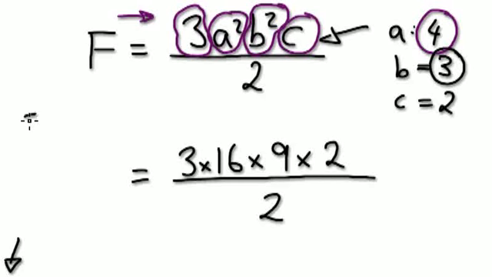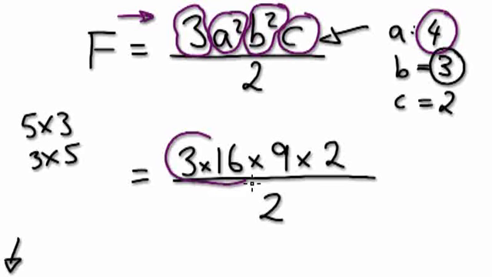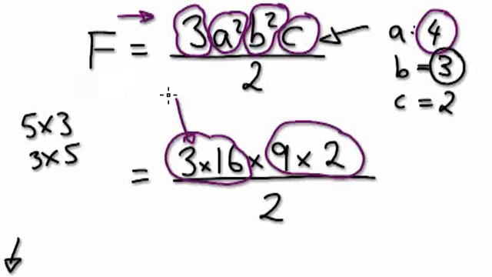Okay, basically, 5 times 3 is the same as 3 times 5. But basically, I'm allowed to merge these in any order I want, because they're all multiplying each other. So I'm just going to do it at random. I'm just going to do these. So basically, work out this bubble. What's 3 times 16?